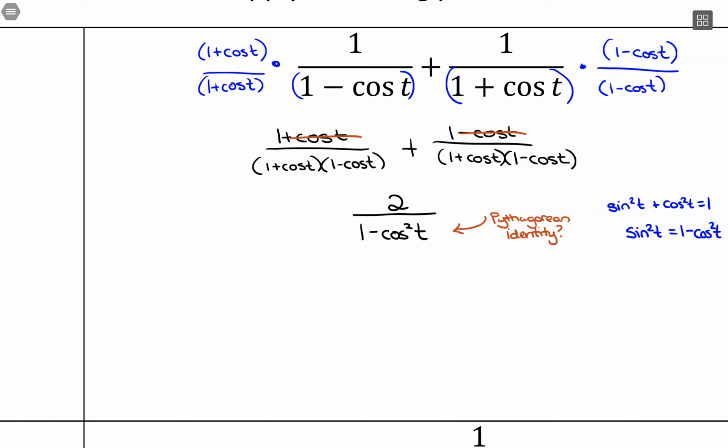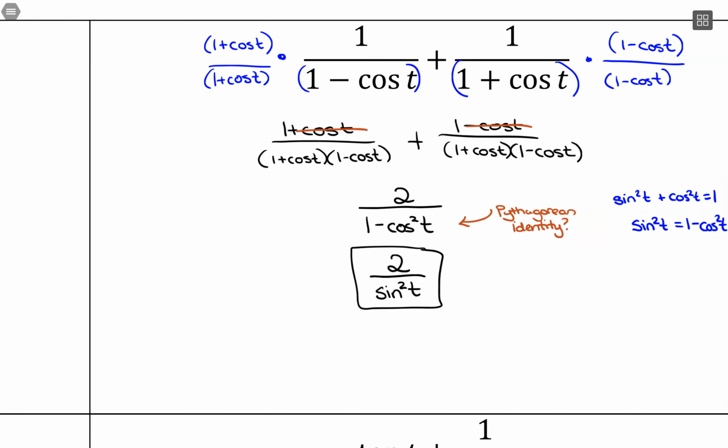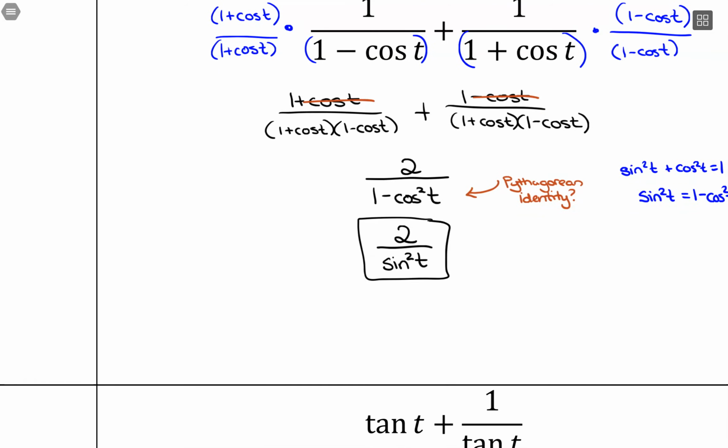So what I'm going to do is go one step further and go 2 over and replace that 1 minus cosine squared with sine squared. And that's fantastic. Just like that, I have this expression that's only dealing with a single trig function. However, we could go one step further to make it even simpler, would remove the denominator.